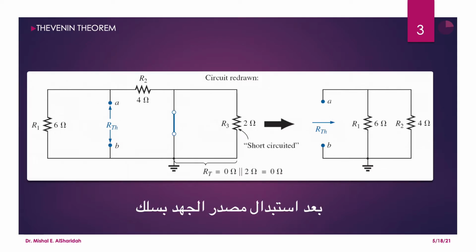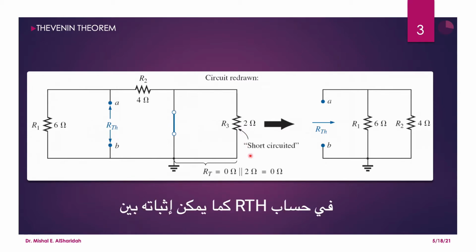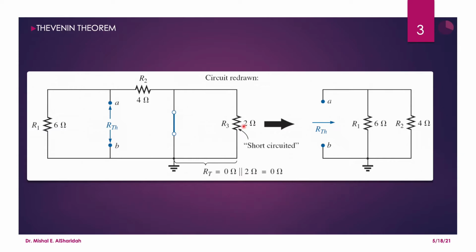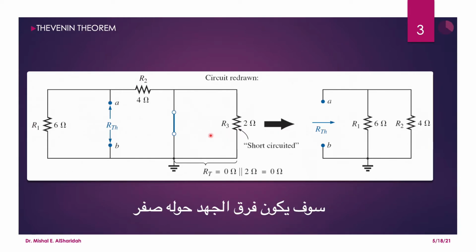After replacing the voltage source with a short circuit, it is apparent that the resistor R3 is shorted and not involved in the calculation of R Thevenin, as can be proven between the short circuit, which has a resistance of 0, in parallel with resistor R3, just to prove that any shorted element will result in a voltage of 0 across it.